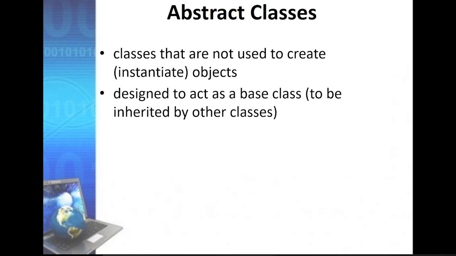So, designed to act as a base class to be inherited by the other class. So hindi siya makakagawa ng object, pero pwede siyang i-inherit ng ibang class. Okay? From the word itself, ibig sabihin, di siya nakakaiba.